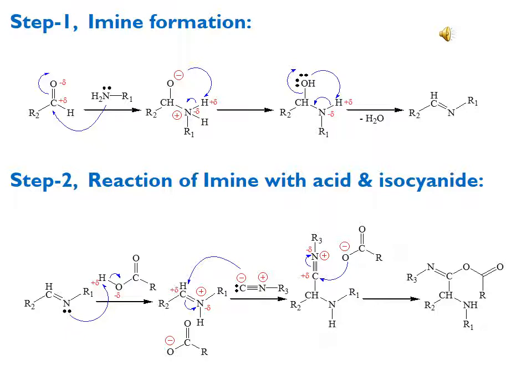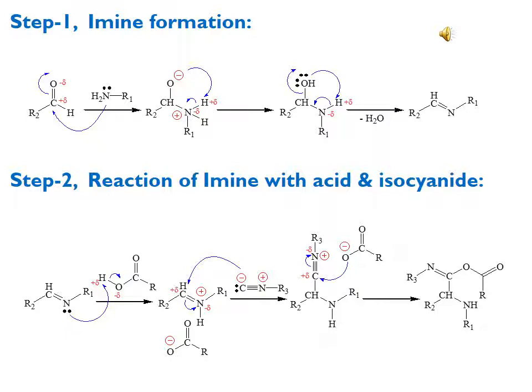This carboxylate anion remains there, but now the isocyanide functionality attacks through its carbon, acting as a nucleophile, on the carbon which is attached to this double-bonded nitrogen.